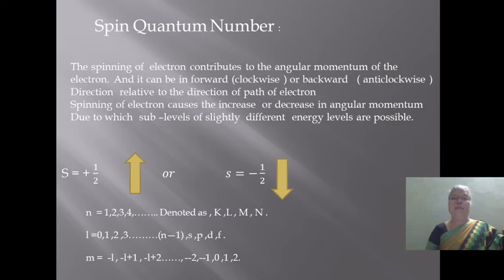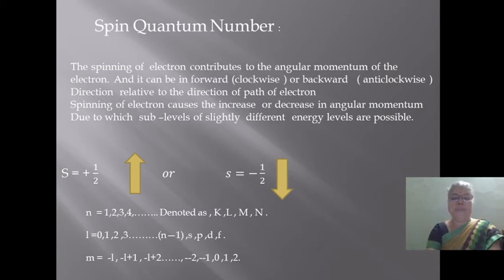Then for example, if n equal to 2, there will be a total of 2 raised to 2 equal to 4 orbitals, as 2s, 2px, 2py and 2pz, consisting of maximum 2 electrons in each.